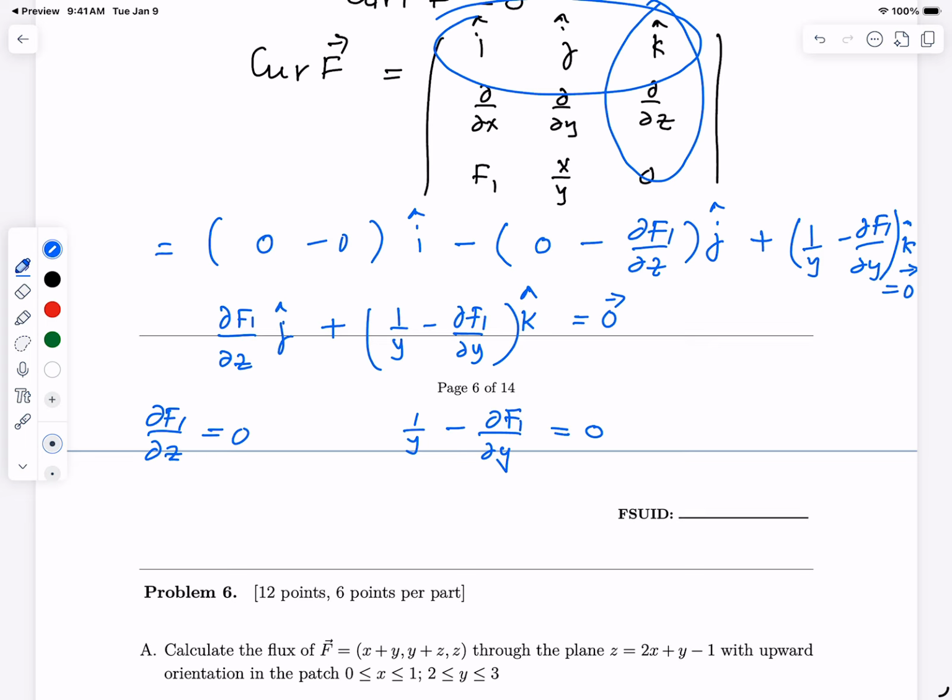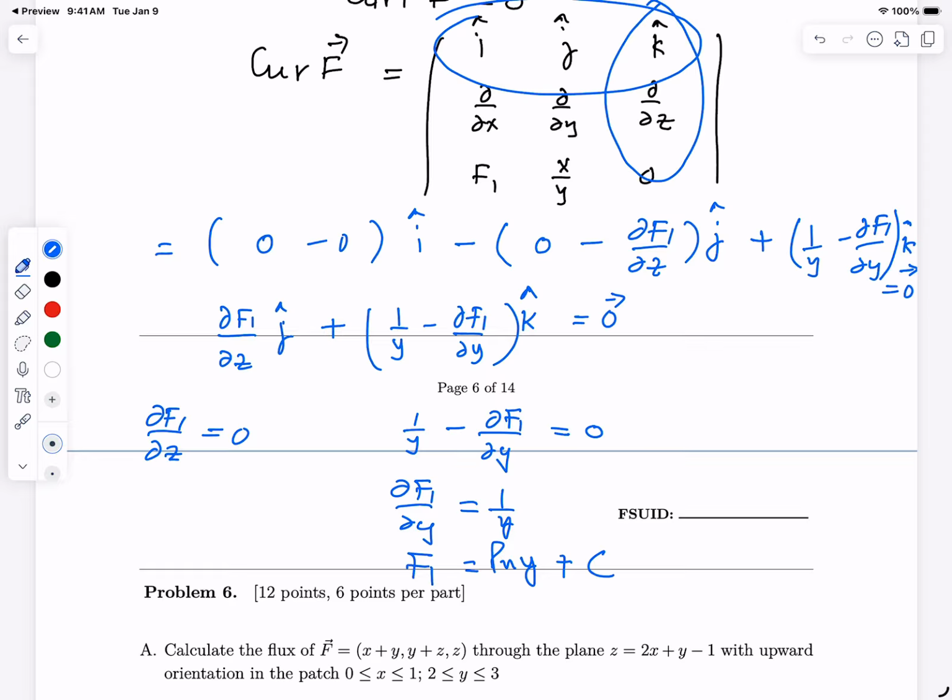First of all, they are equal to 0. If I explicitly look at this expression, it says partial f1 by partial y is 1 over y. If I integrate with respect to y, then f1 is natural log of y plus some constant.